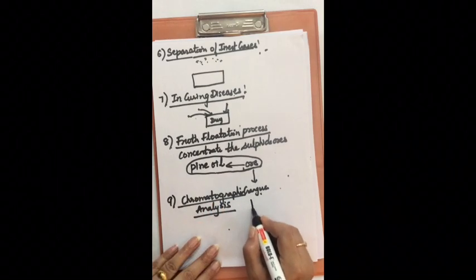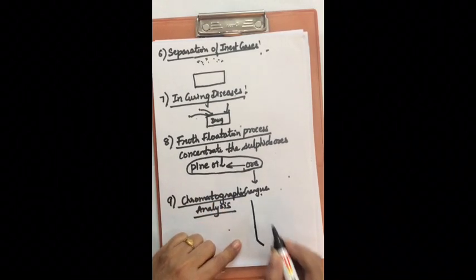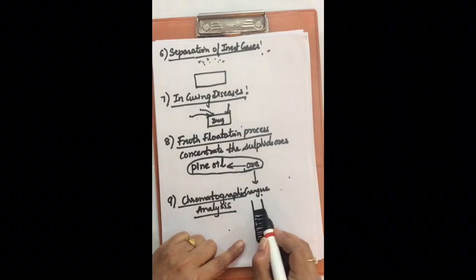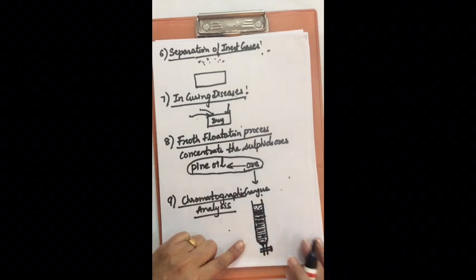Like we have done in column chromatography. A burette is used here in which adsorbent is packed, like silica gel, and on top of this adsorbent a mixture is added which we want to separate into its components.